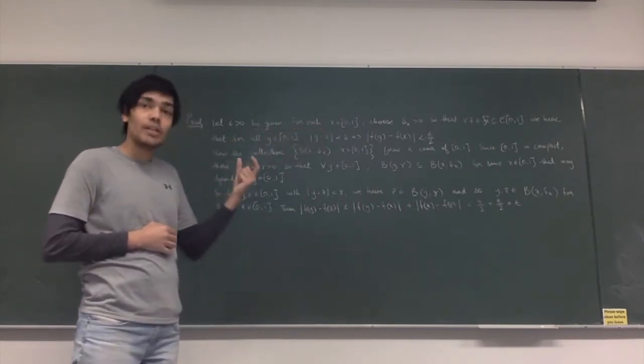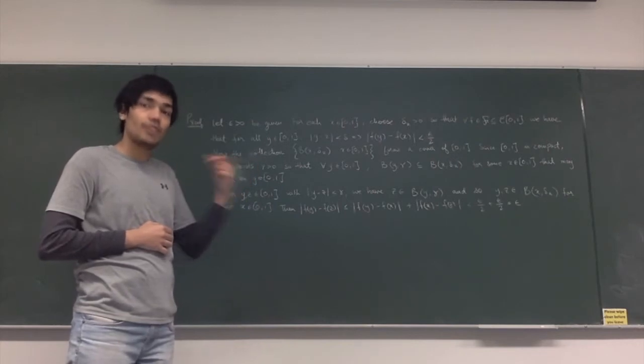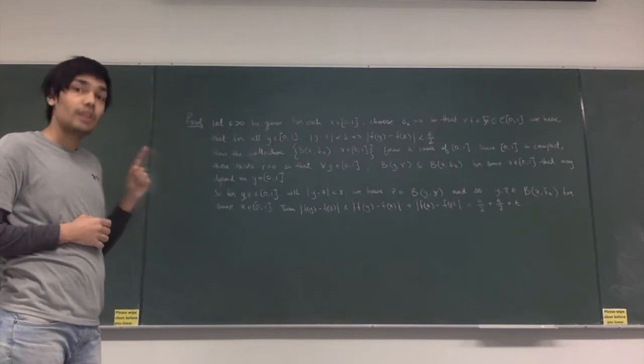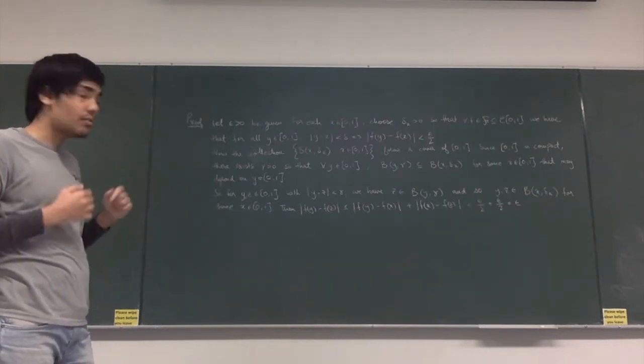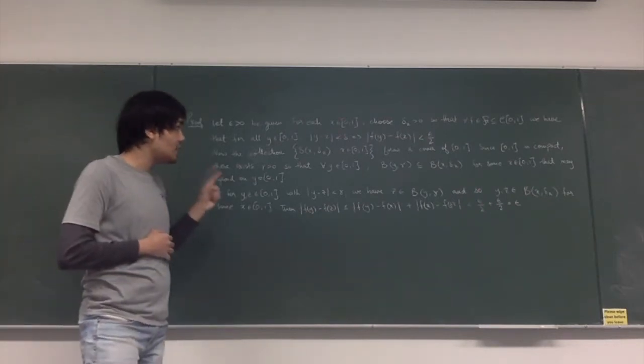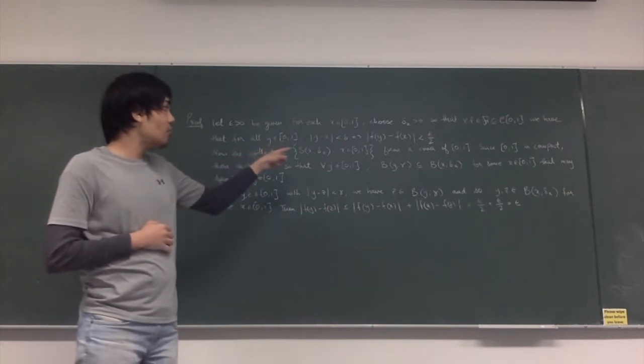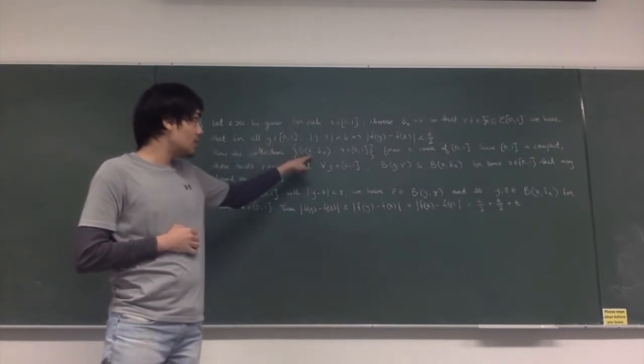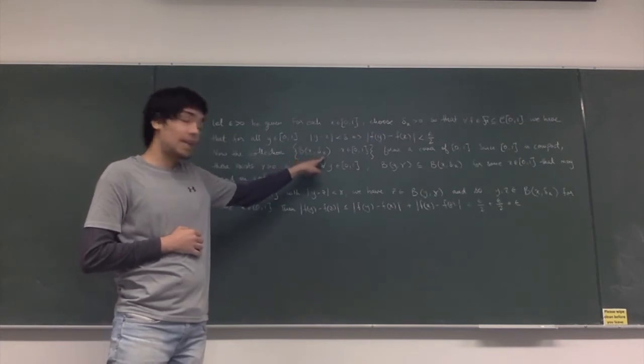That means the image points are within epsilon/2 of each other. With delta sub x chosen in such a way for every single x in our interval [0,1], we now look at the collection of balls B(x, delta sub x), with centers x and radius delta sub x.